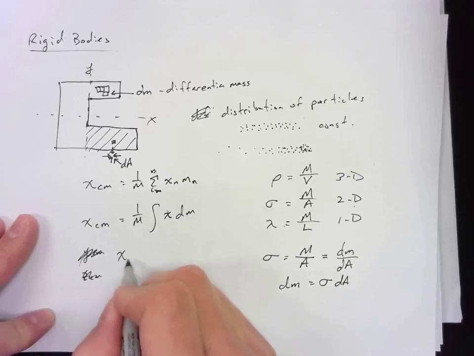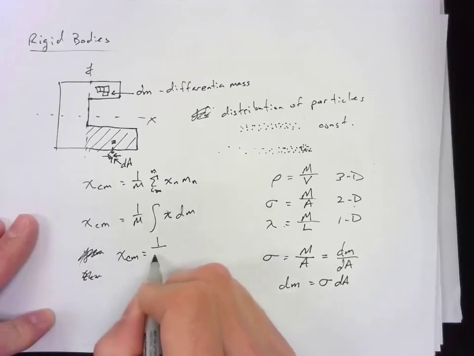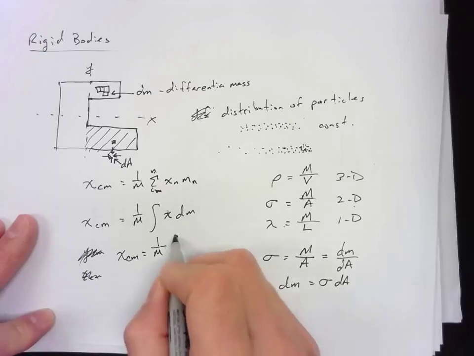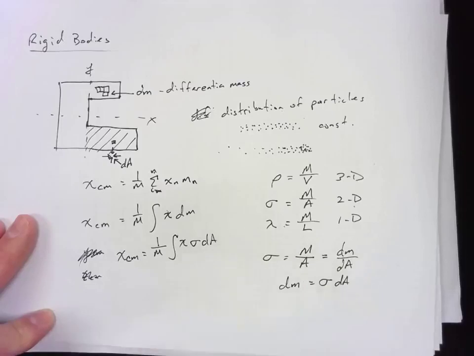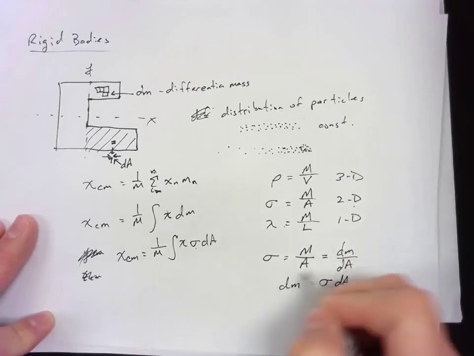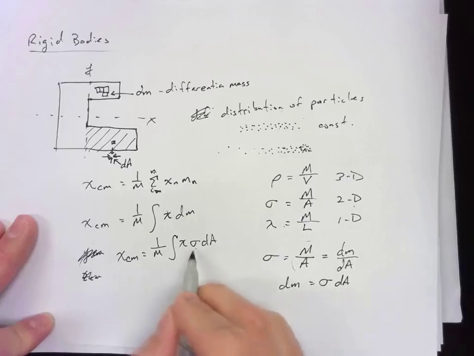So that xcm is going to be equal to 1 over the mass times the integral of x times sigma, which is equal to both the differential and the total area. So I'm going to actually now substitute this into this equation.